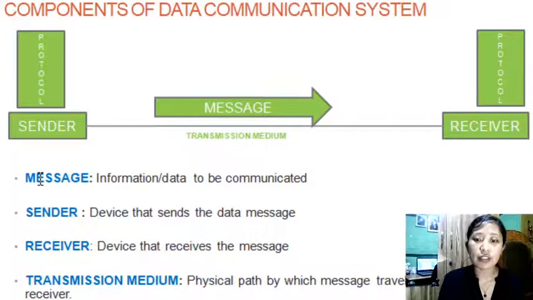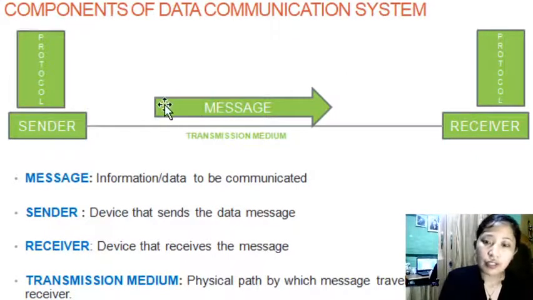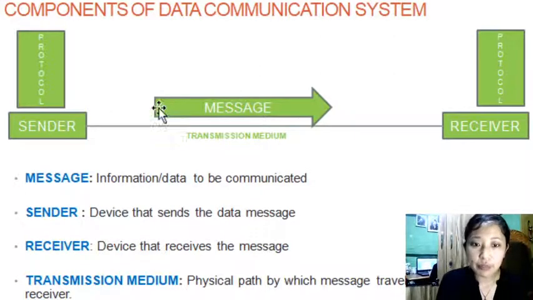Data is nothing but the information or message that the other party can understand. In a computer network, a message is communicated between devices, which are the sender and the receiver. The sender is the one sending the message, and the receiver is the one receiving it. The message goes through a transmission medium that can be wired or wireless.